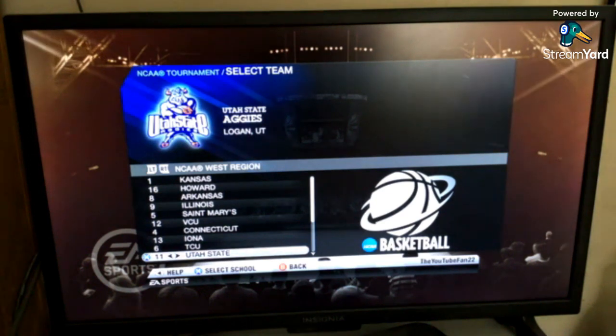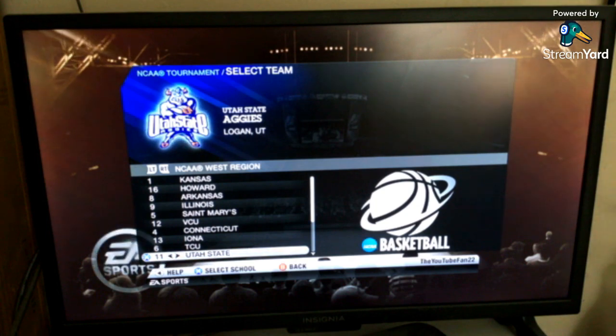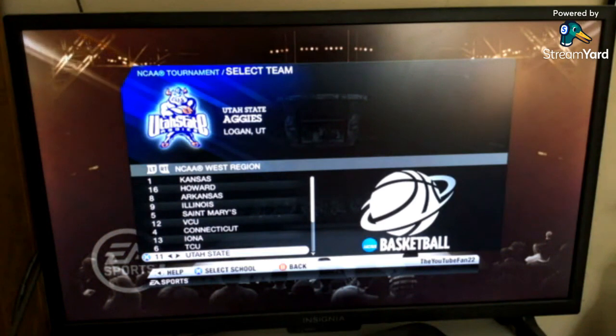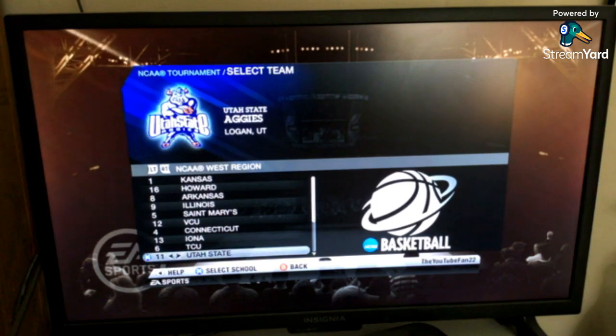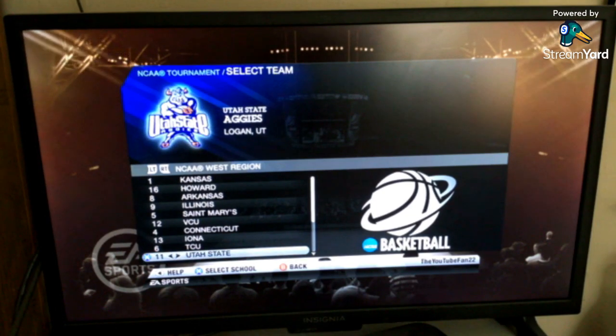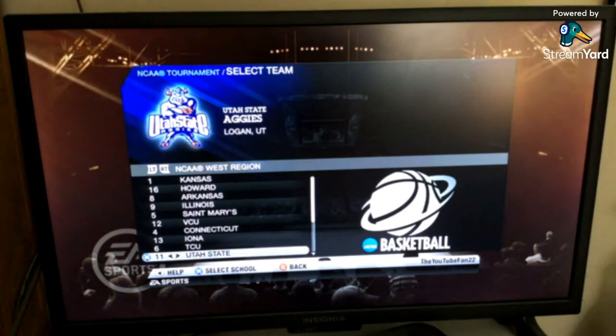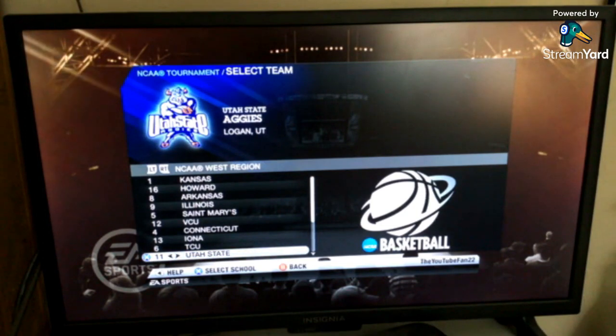So what I'm going to do here is set this controller down for just a minute, where I can write in the bracket I have on paper here, ASU or Arizona State, and then mark out Nevada. And so we'll do Arizona State there.